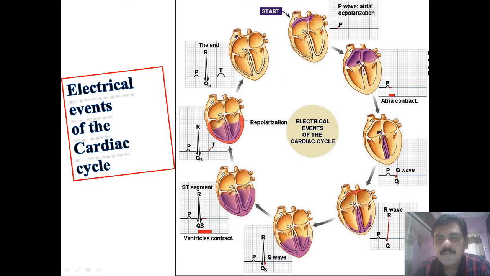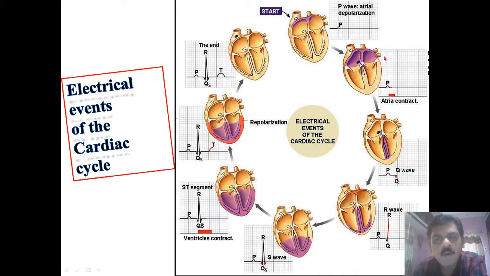Then these are the electrical events of the cardiac cycle or ECG. First, the auricle starts to contract. When the waves of contraction in the auricle start, that causes the depolarization of the auricular muscles, and that results in the start of the auricular contraction, and at this moment there is a complete auricular contraction. You can note this magenta color structure, and this is the start of the auricular depolarization.